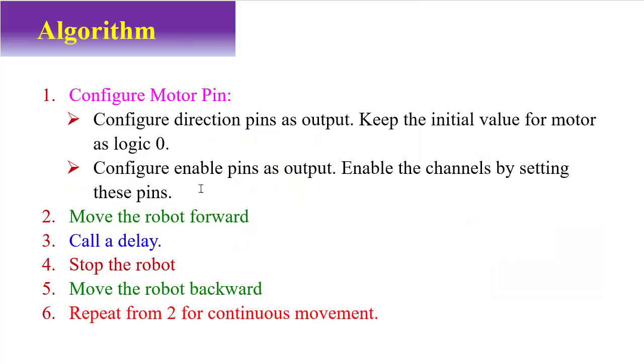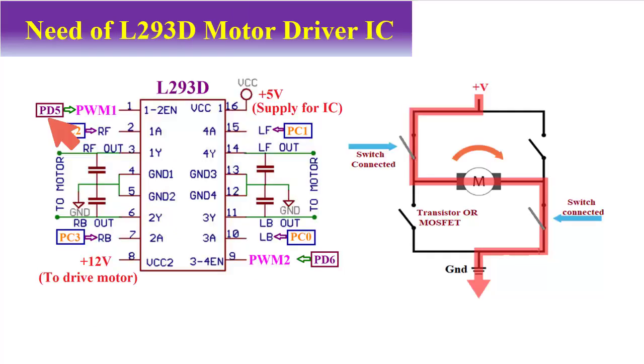Similarly, configure the enable pins as output, which are connected with PD5 and PD6. So PD5 and PD6 will be initialized as output pins, and we will provide logic 1 at these 2 pins to enable the operation of the left motor and right motor.